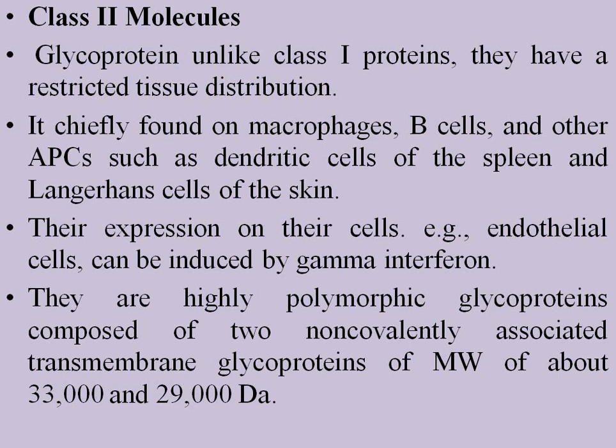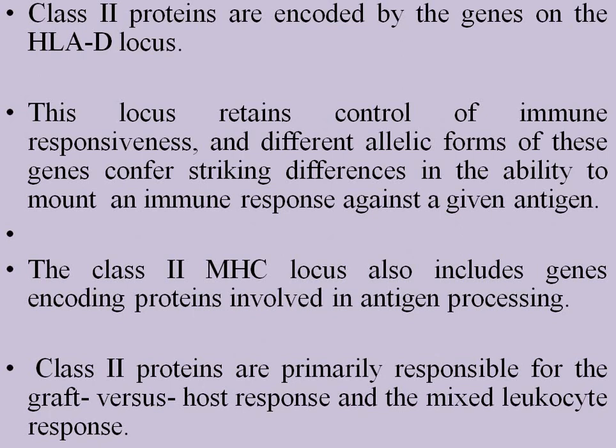They are highly polymorphic glycoproteins composed of two non-covalently associated transmembrane glycoproteins, with molecular weights of about 33,000 daltons and 29,000 daltons respectively. Class 2 proteins are encoded by the genes of the HLA-D locus.